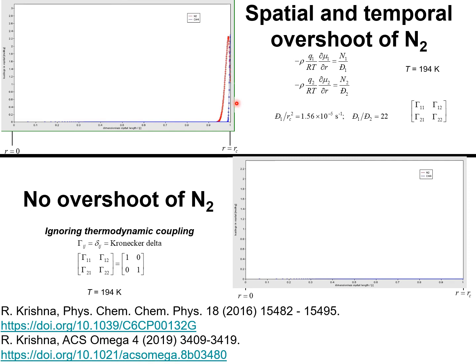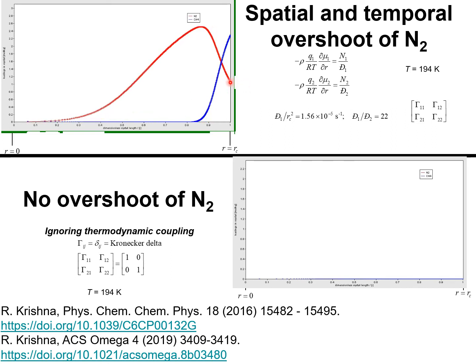The uptake of nitrogen is followed here as it develops inside the crystallite of 4A zeolite. This is the surface of the zeolite, which is in equilibrium with the bulk gas mixture. This is the center of the crystallite. The nitrogen loadings in moles per kilogram are shown by these red lines.